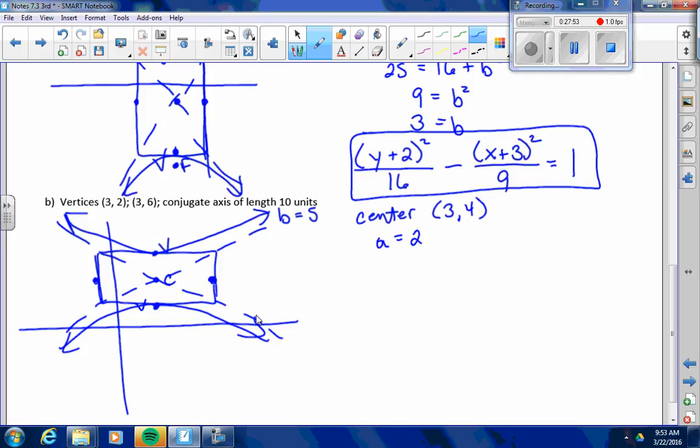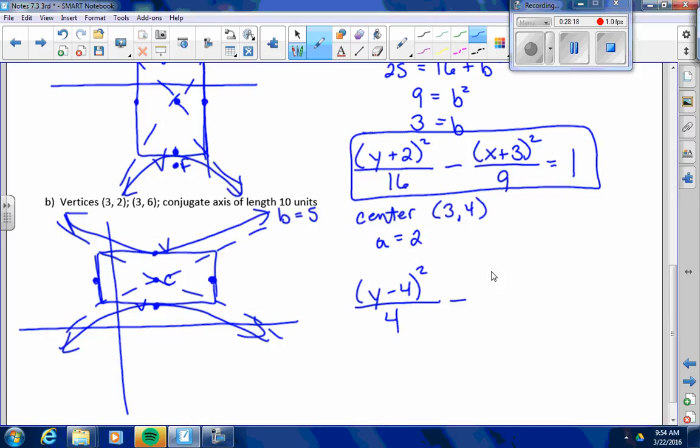And now we write the equation. This is opening up, it's opening up and down. So what comes first? So y what? (y minus 4) what? Divided by what? Why is it divided by 4? A is 2, so 2 squared is 4.